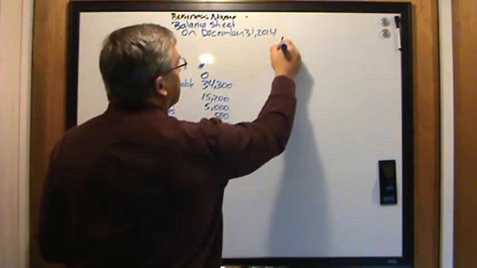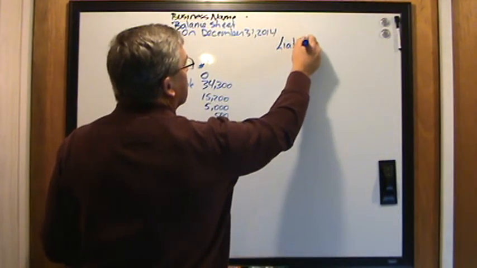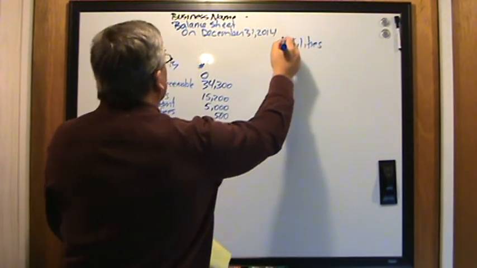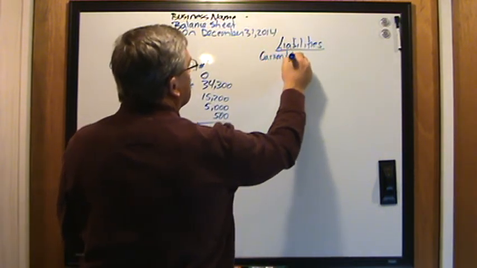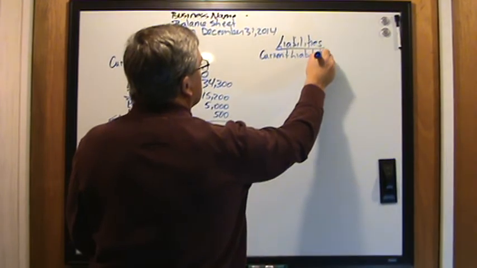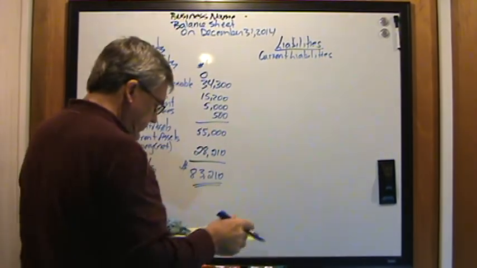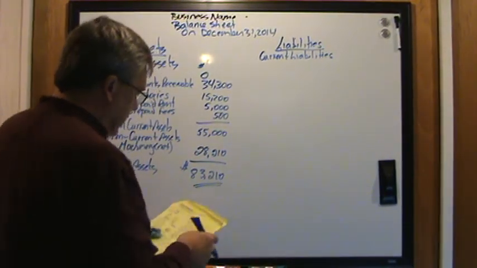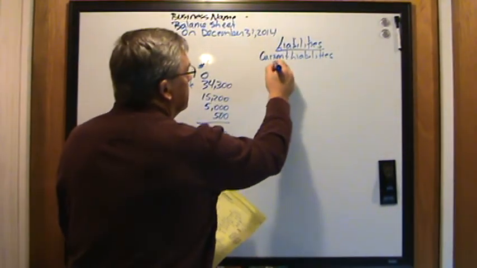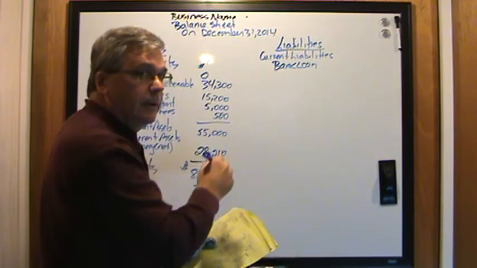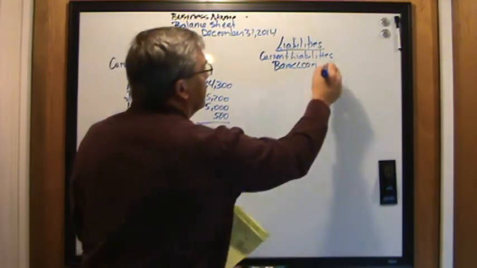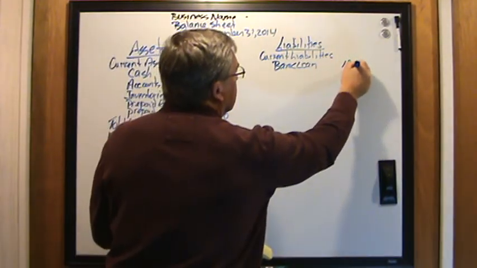Liabilities. Starting with current liabilities. Okay, we had a bank loan because we ran out of cash. If you remember, 12,200.